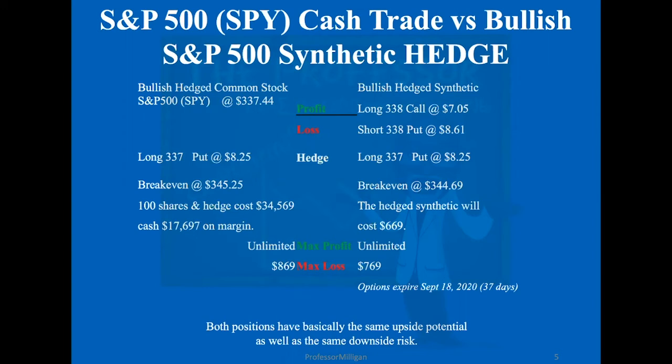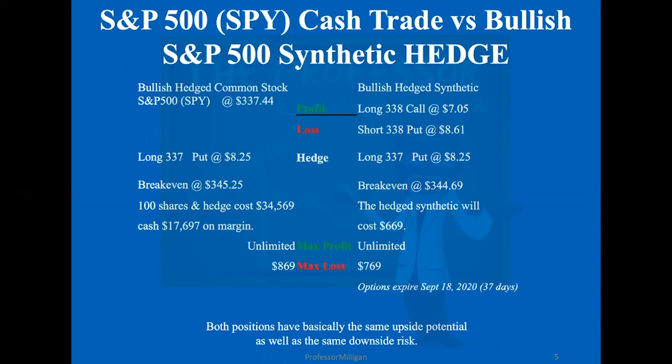So what this means is our break even on the stock with the hedge is going to be $345.25. Because we had to pay for this put option, our cost on 100 shares now is $34,569 in cash, or $17,697 on margin.